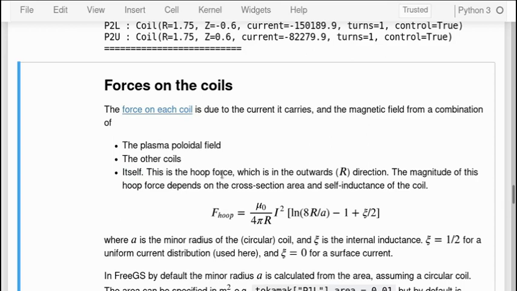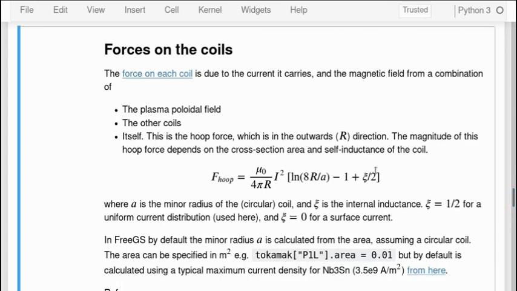This is because if you have a circular coil carrying a current, there's a magnetic pressure inside the coil which is larger than the pressure outside. Or you can think of each element of the coil as having a force on it due to the other elements of the coil. So, for example, the part of the coil that's on the opposite side, and so the coil will tend to expand and experience a force, this hoop force, and this depends on the cross-section area of the coil.